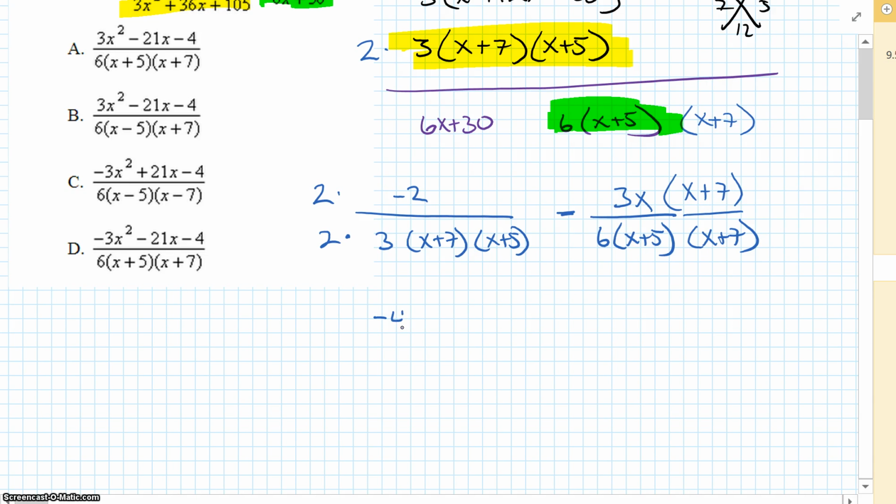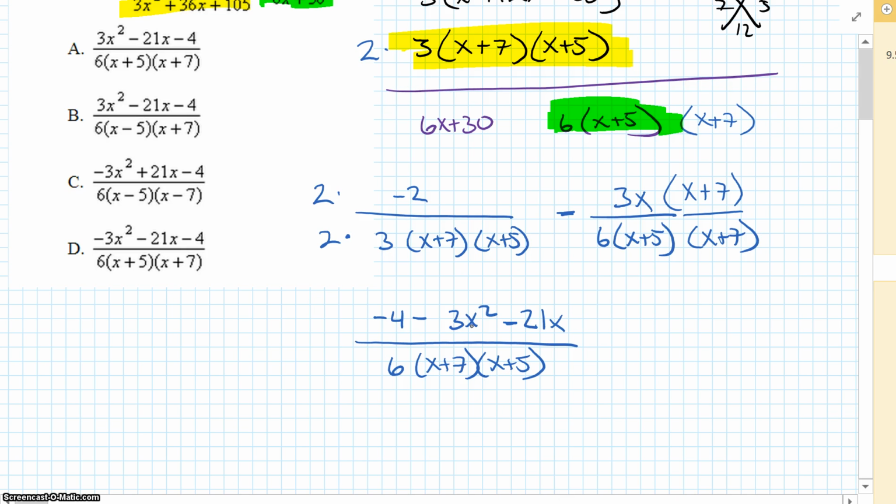So I'm going to get negative 4 minus 3x squared minus 21x all over 6 times x plus 7 times x plus 5.